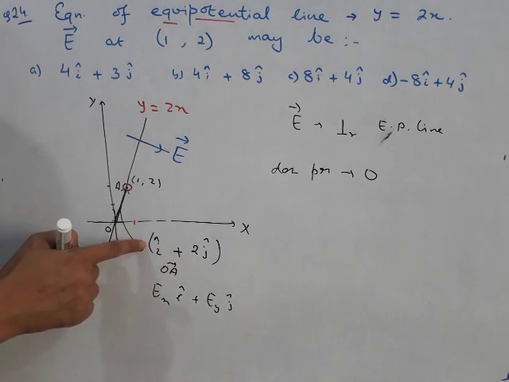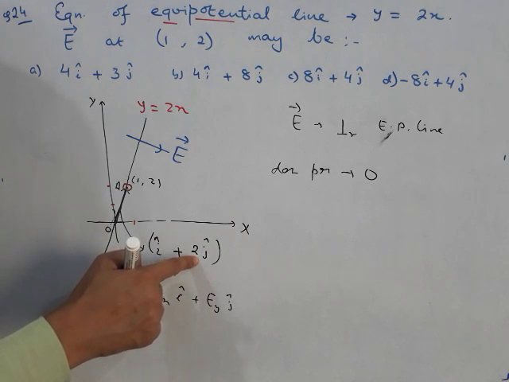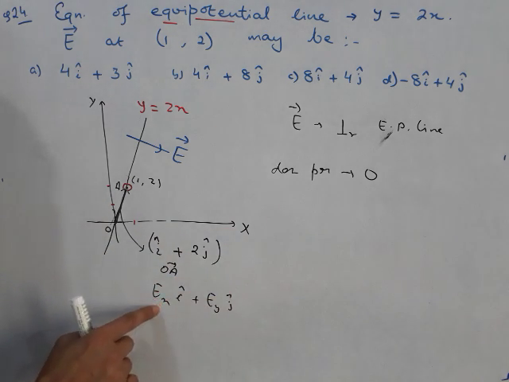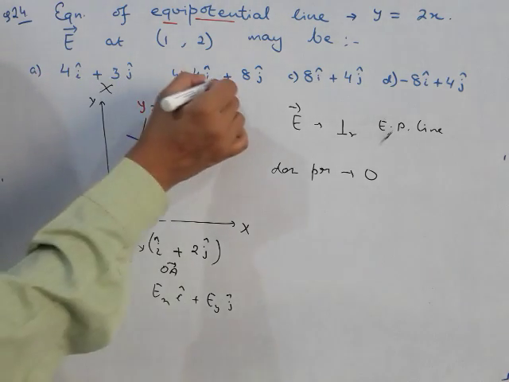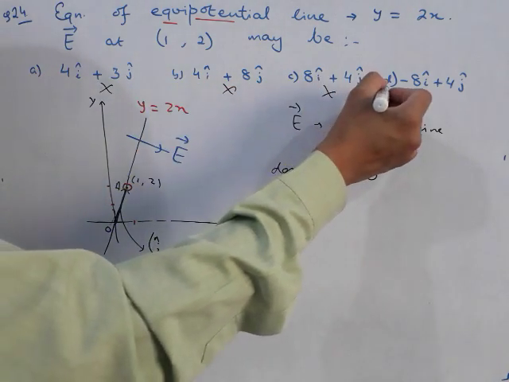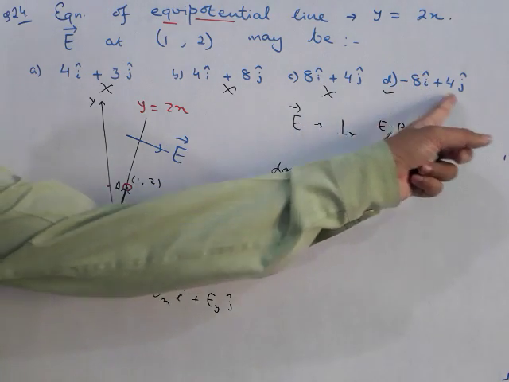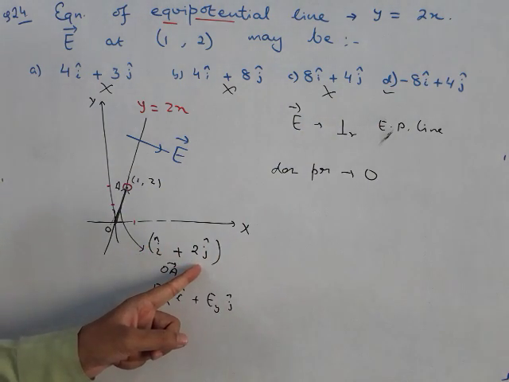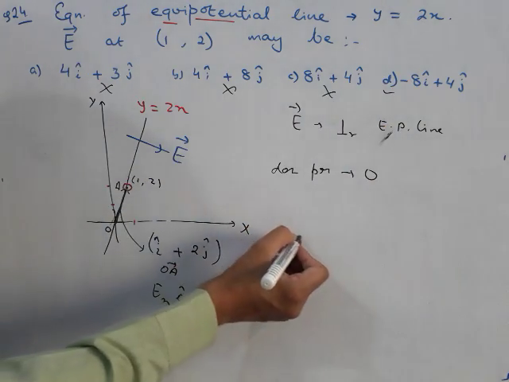In order that dot product be 0, electric field will have two components, Ex, Ey. That means Ex into 1 plus Ey into 2 must be 0. That means Ex and Ey must have opposite signs. So this cannot be the answer, this cannot be the answer, this cannot be the answer. Only possibility is this. You can check that the dot product of this vector with this vector should come out to be 0. You can see minus 8 into 1, that is minus 8.